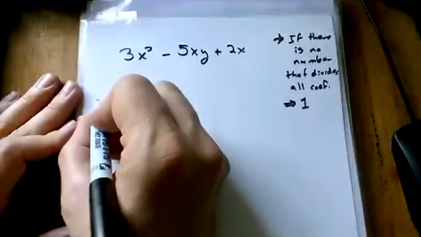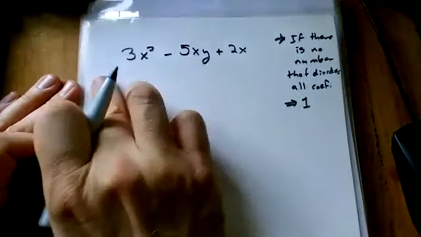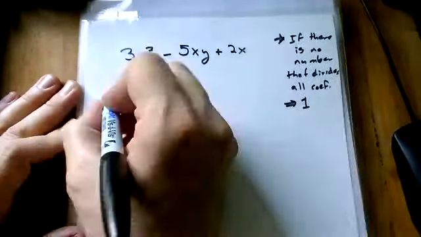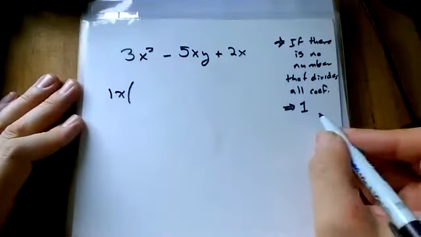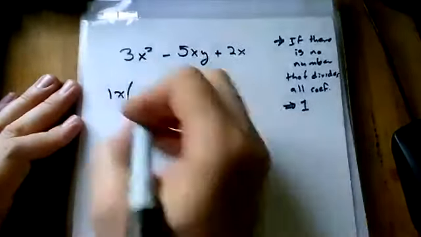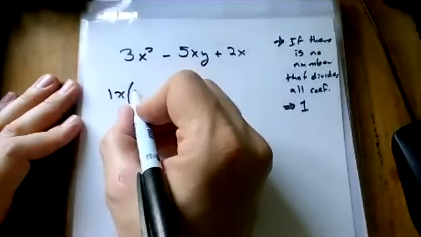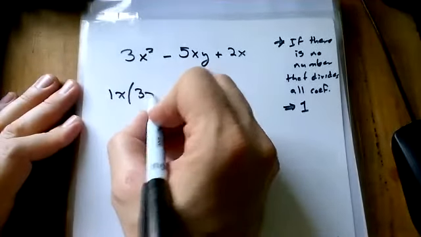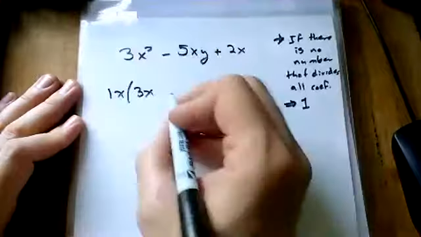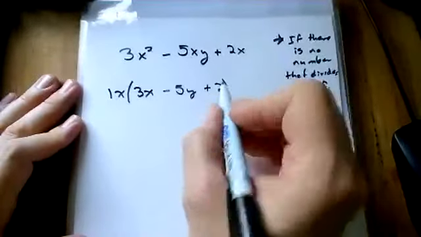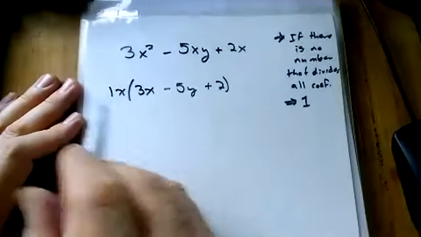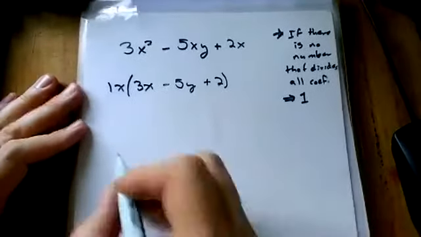So I could say, oh, I've got a 1 that I can pull out. Okay, well, 1. And I still have an x in all of these. So I'm going to just also pull an x out. 1 divides everything. Okay, so this is going to be 3x, because x times x is x squared, minus 5y, and then plus 2. And we're done.